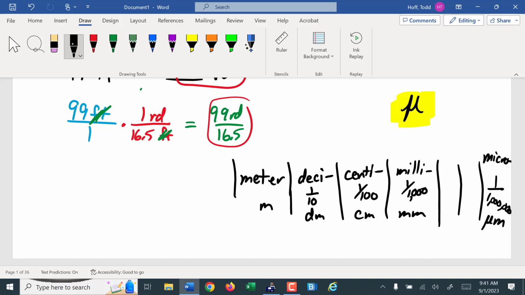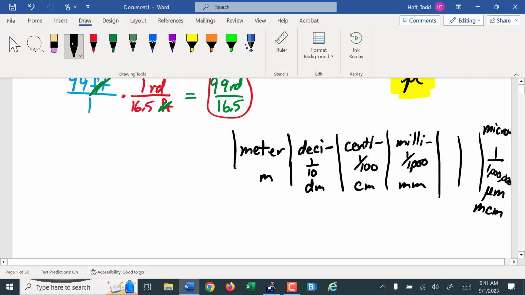A lot of fields, because you have to keyboard things into a computer, and mu is not a key on the computer, use MCM for micrometer. So if you ever see MCM, that's most likely what they're referring to. The only other thing it could possibly refer to is Roman numerals. You'll see MCM followed by other letters a lot, because MCM is 1900. So that'd be your 1980 whatever dates.